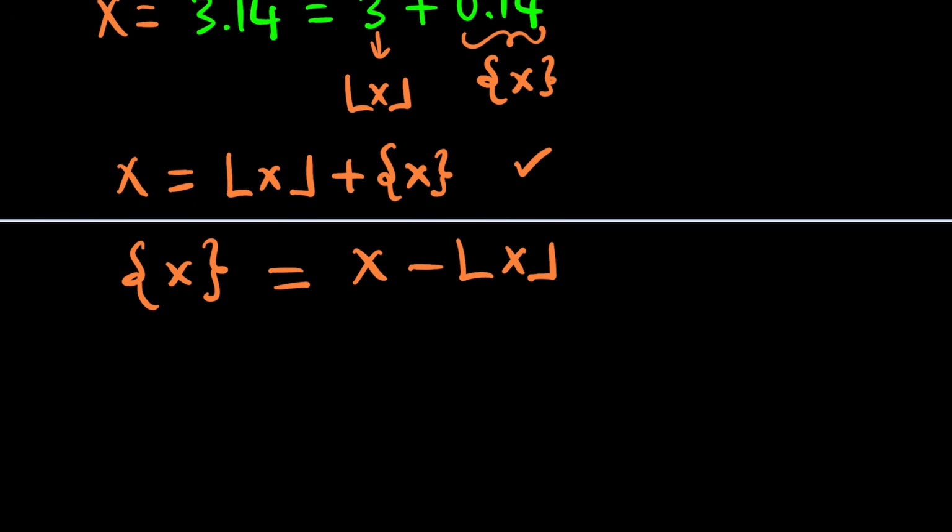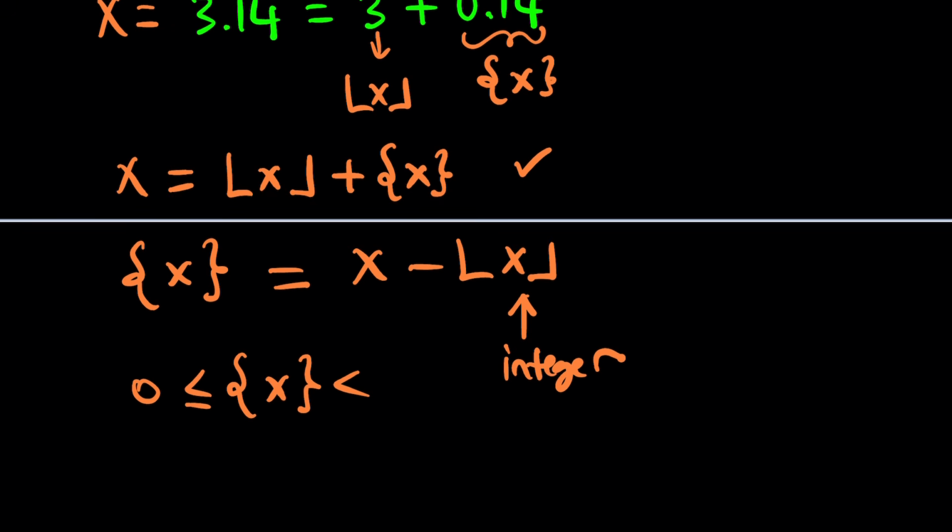So in this case, it will be 3.14 minus 3, which gives you 0.14. So this shows you that the floor value of any number is going to be an integer, and the fractional part of x is always going to be between 0 and 1. Why?